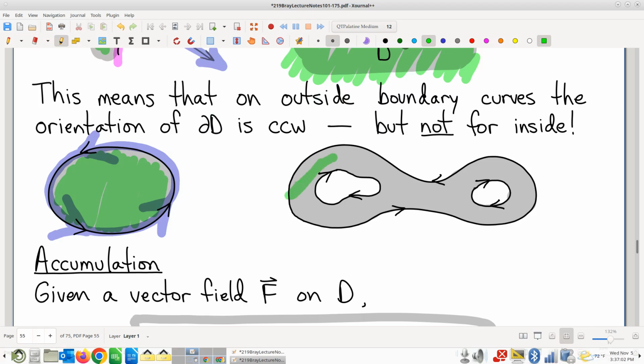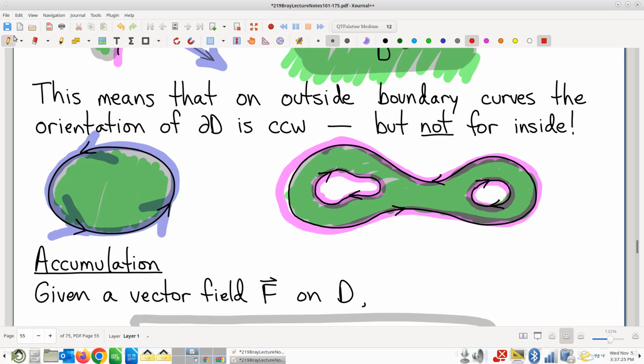And in particular, let's look at a grassy field that looks like this, that maybe has a couple of ponds in the middle of it. Part of the boundary is around the outside like this. Part of the boundary, though, is the edge of the pond. Maybe the edge of the other pond also.